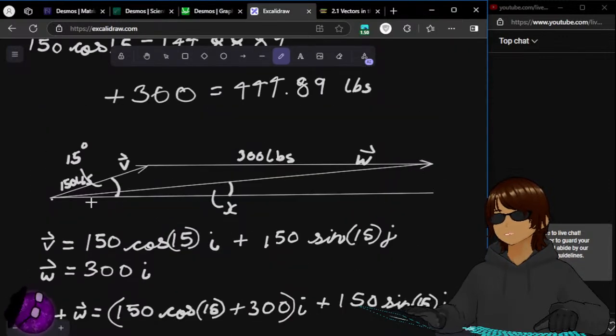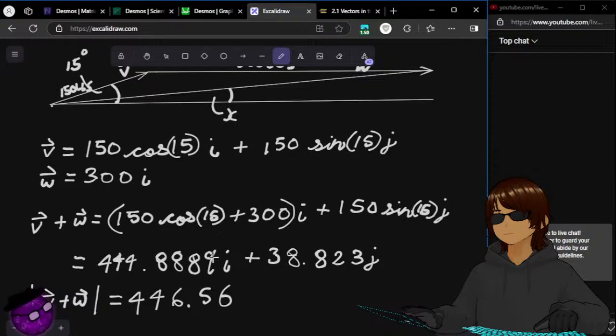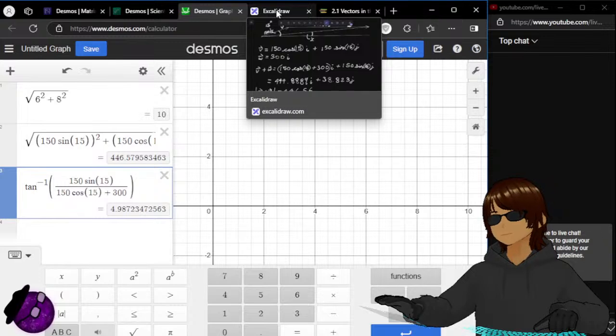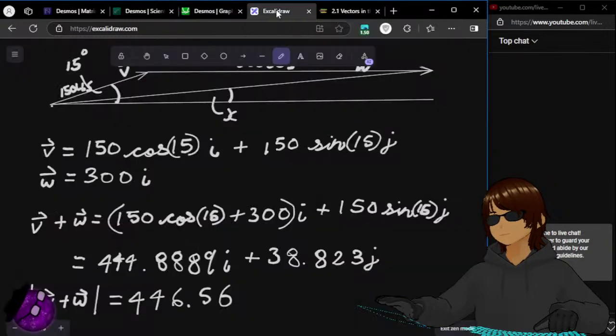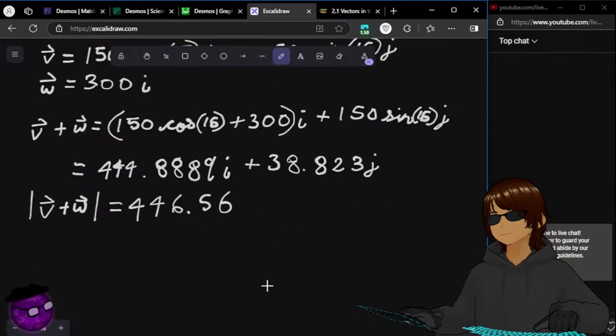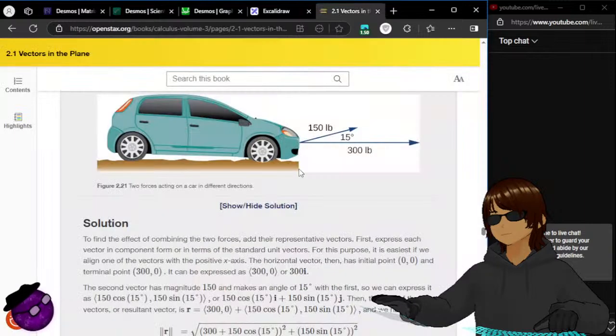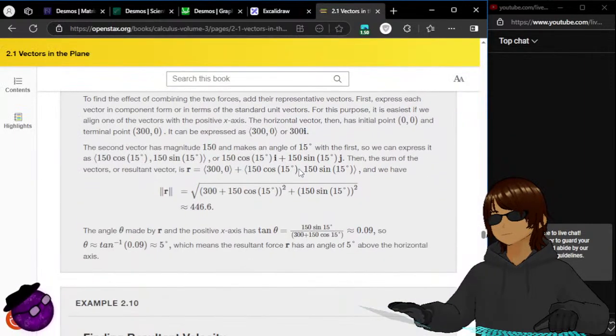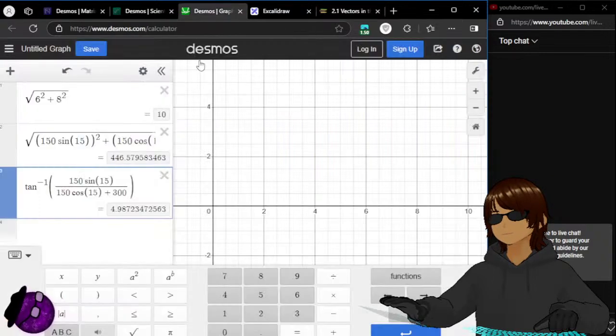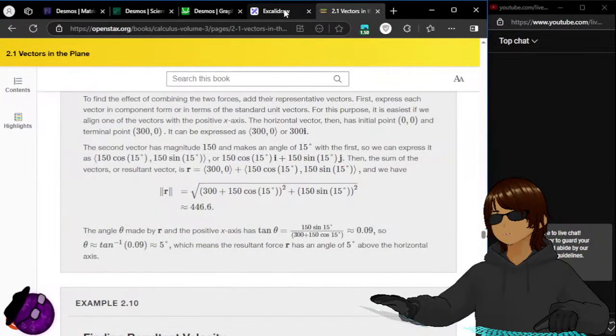Got this. Yeah, around 5 degrees. Yeah, this is correct.